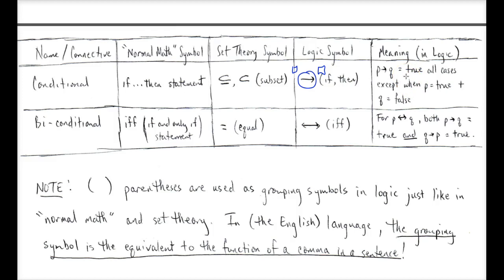Now, for the biconditional statement, it's an if and only if type statement, and I'll give you an example of that to elaborate on the conditional and the biconditional statement from a math standpoint, so that you can see how it actually is. But the biconditional statement in set theory kind of acts like the equal sign, okay? And in logic, we do it with the double arrows.